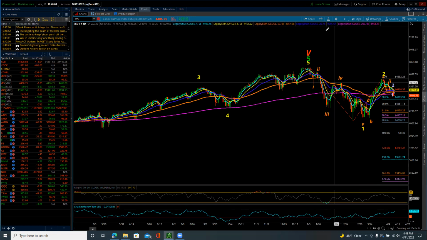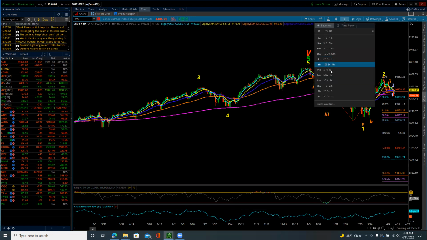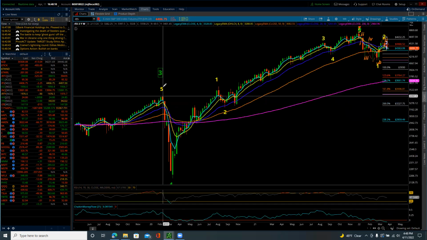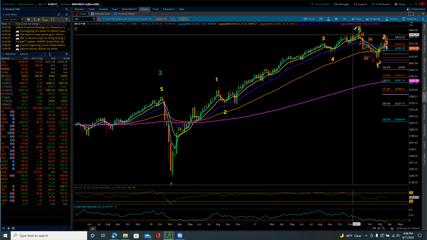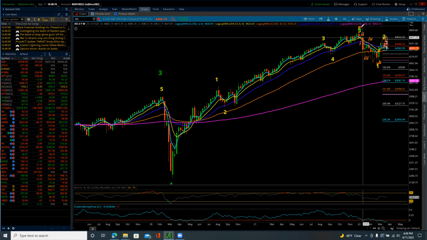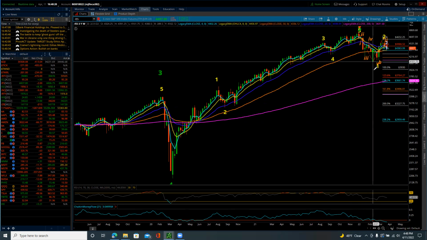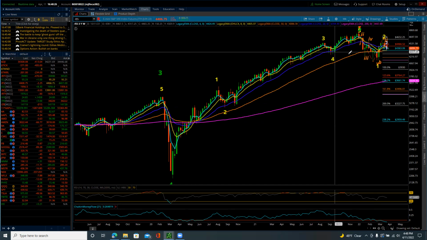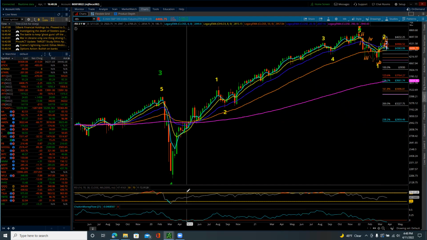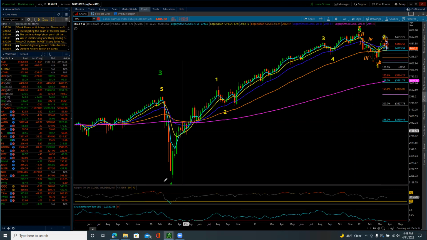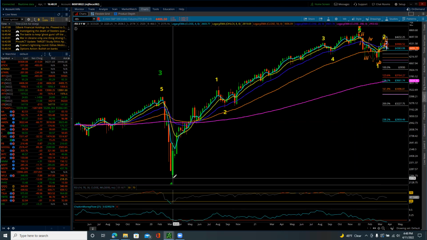And if you remember, I have been discussing that, in my opinion, wave A of this larger supercycle degree, we're in a supercycle degree fourth wave correction following the supercycle degree third wave. I think wave A of all of this will bring us down to 2175-ish to complete wave A.